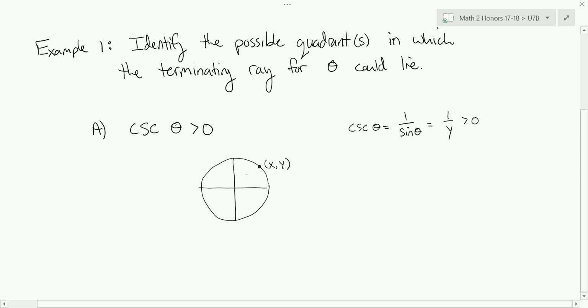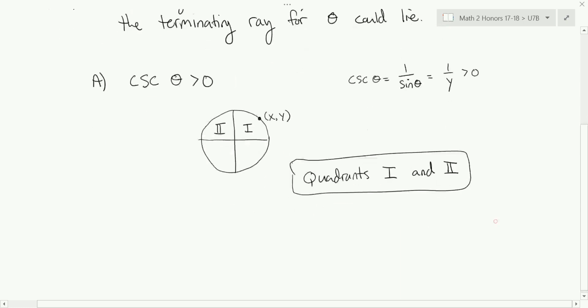In quadrant 1, everything's positive. If y is positive, it's above the x-axis, so quadrant 2 would be the other one. Our answer here would be quadrants 1 and 2, because that's where y is positive, and if y is positive, that makes the cosecant positive. Okay.